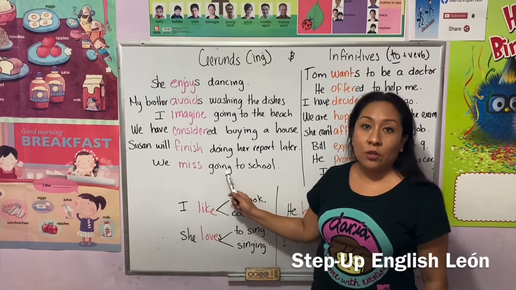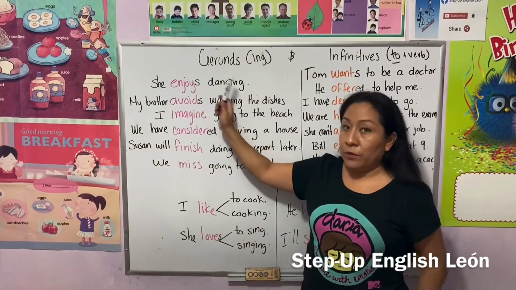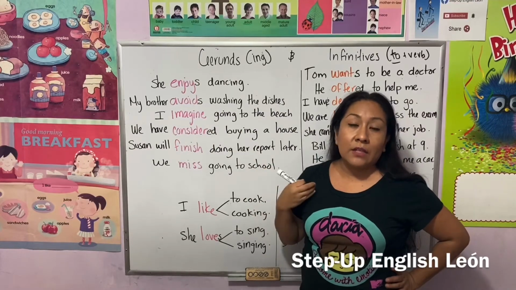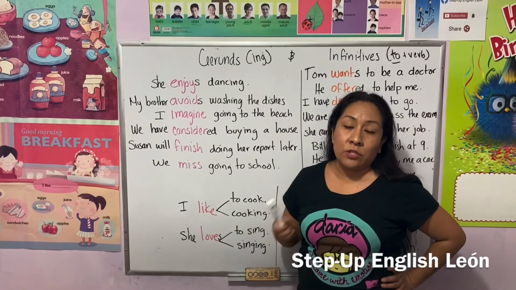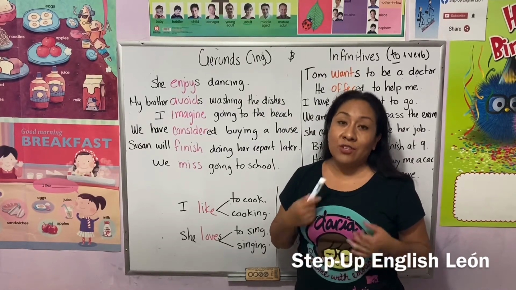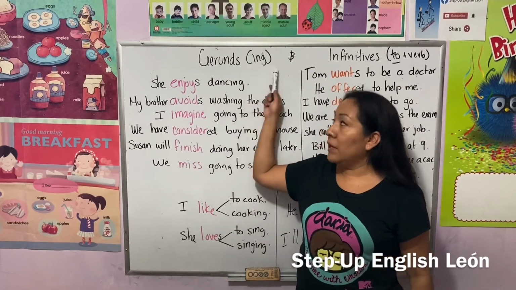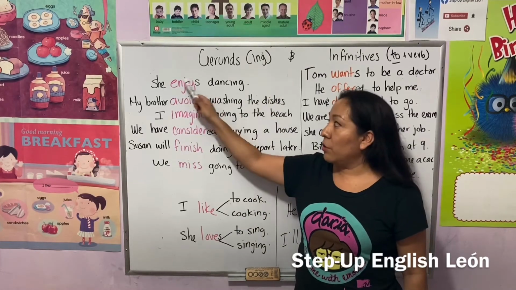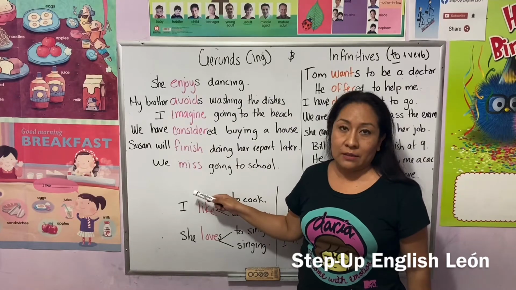Second verb, going. So if you notice, the first verb has to be in the correct form according to the subject, according to the tense. But your secondary verb would be in gerund.